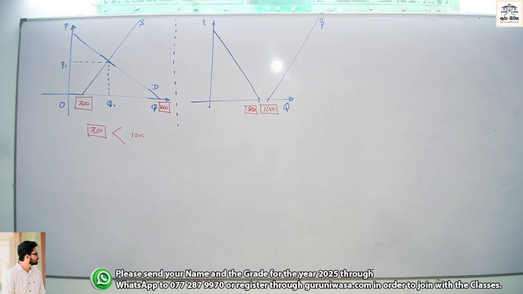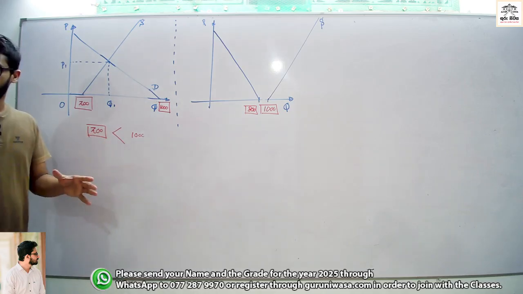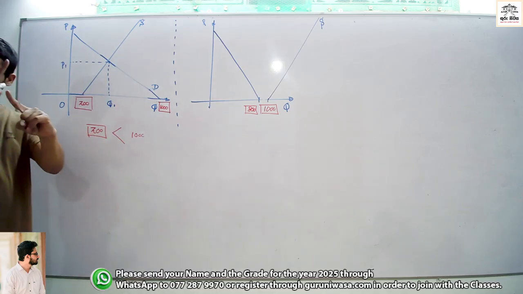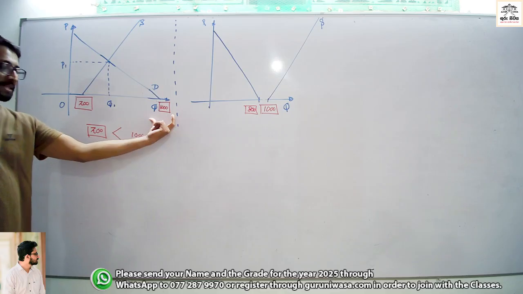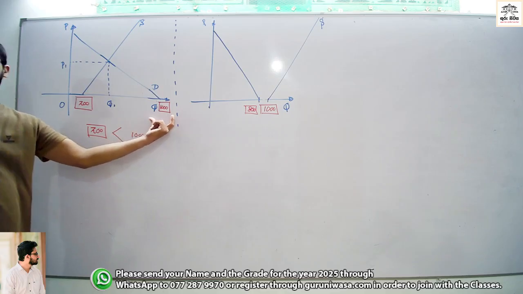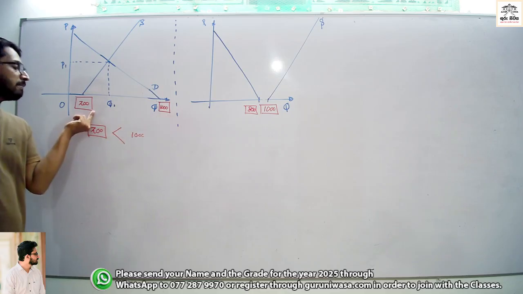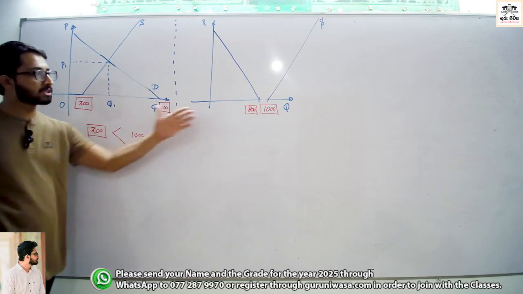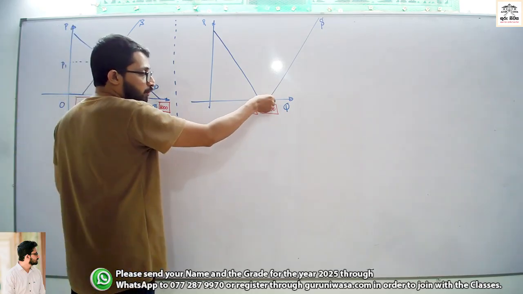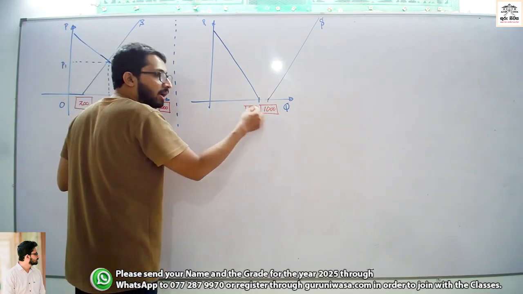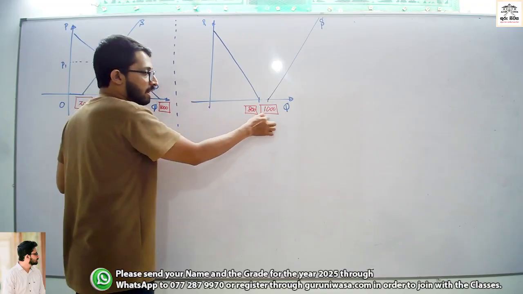Remember, if you want to see a market equilibrium price and quantity, the maximum quantity demanded must be greater than the minimum quantity supplied. If not, this is the situation. Then someone can say, sir, if you extend these two curves, both curves will intersect at the negative side.